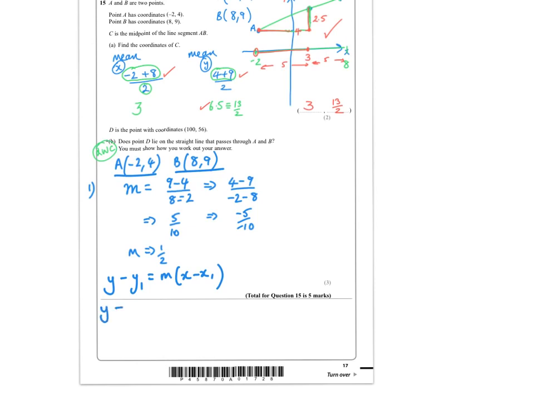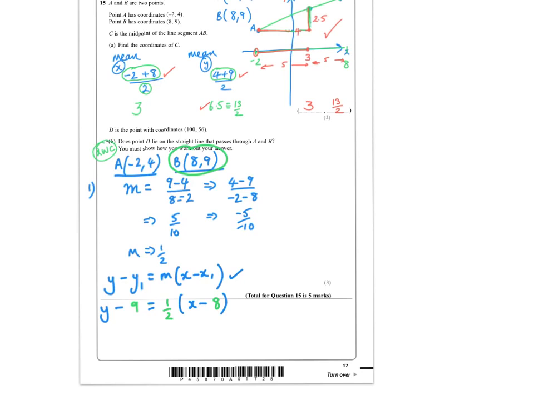So you could say y minus, and we'll go with the B coordinate, y minus 9 is going to be equal to the gradient, which we know now, a half, times x minus the x coordinate, which was 8. So that's the formula, which again, watch the video for that. You'll probably understand it, it's not too bad.